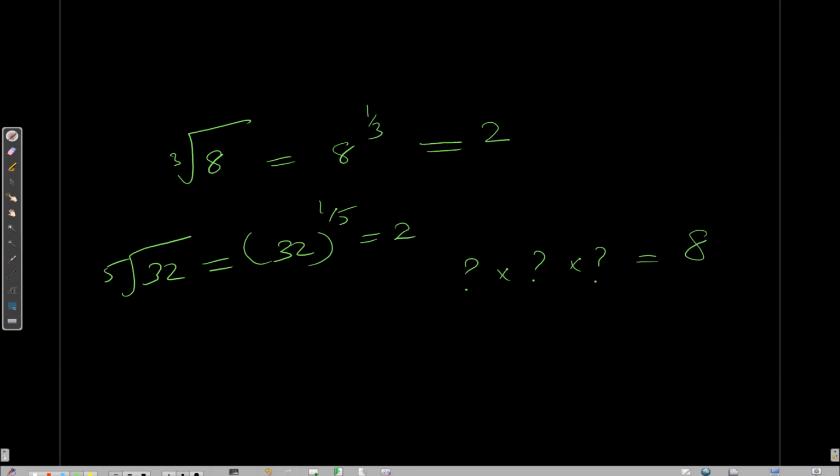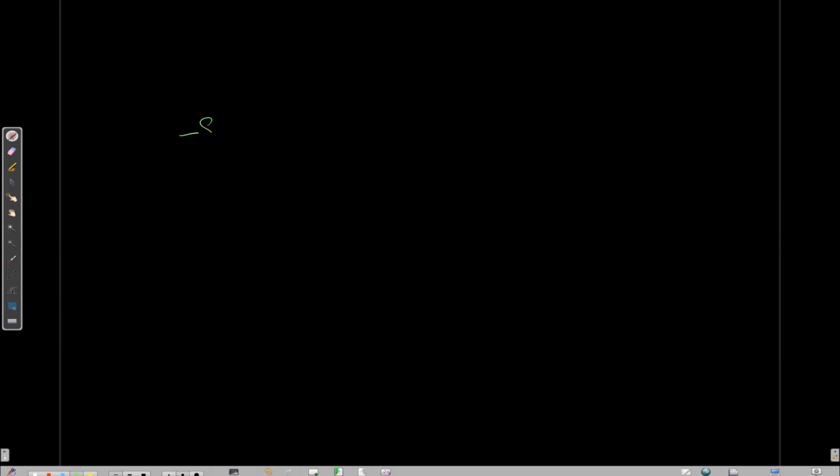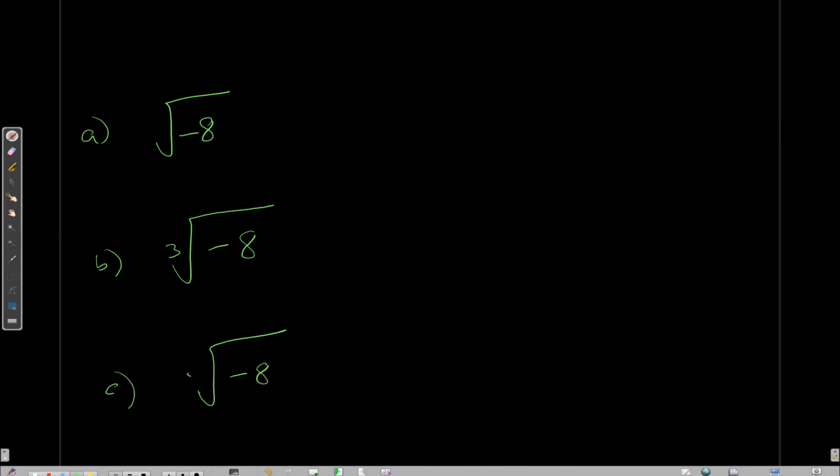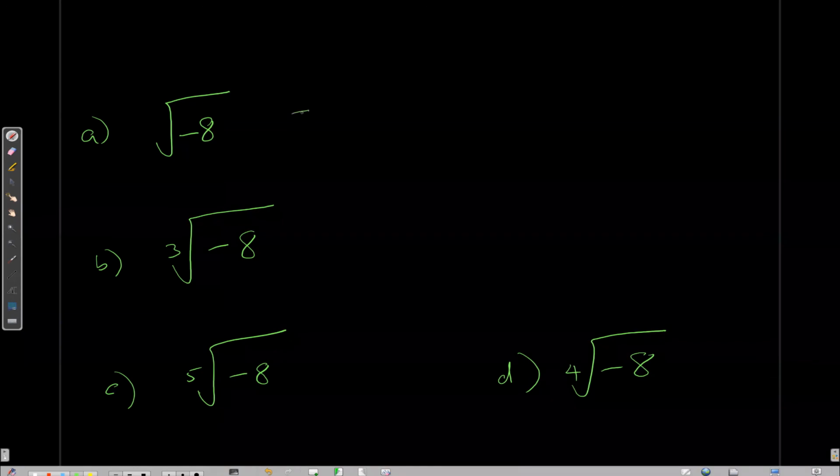Now there's a little tricky place. Let me put 4 parts. First one, part A: square root of a negative number.